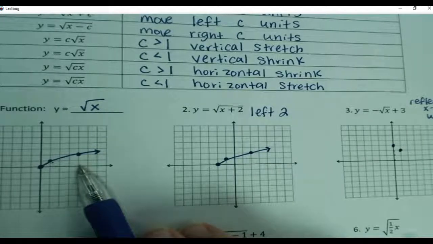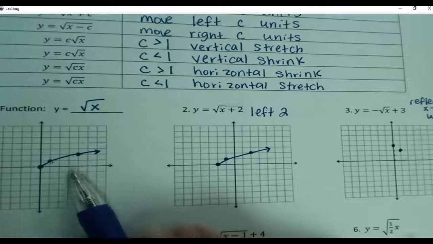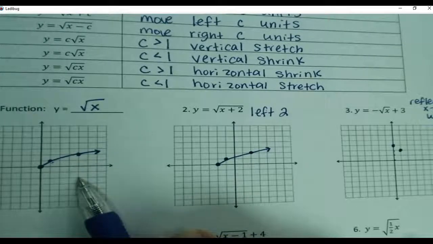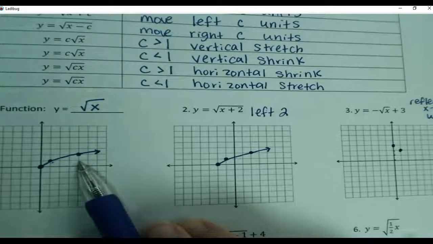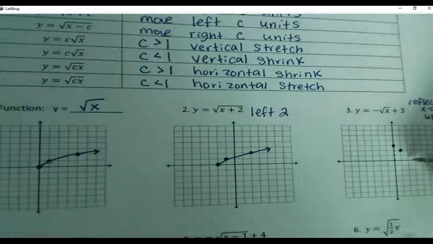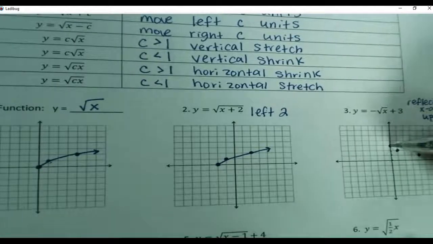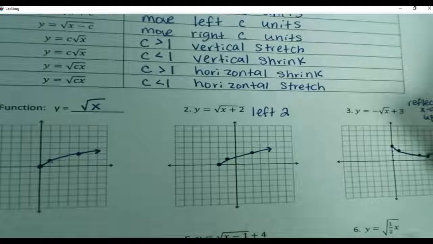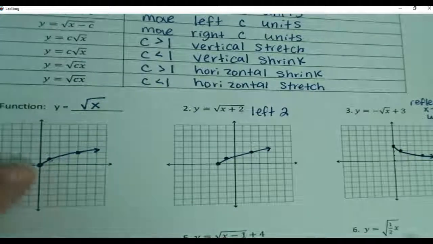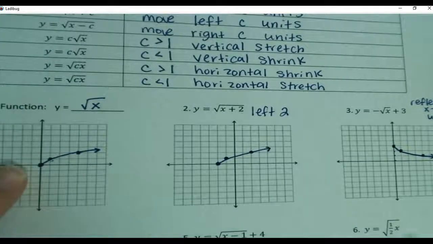So then my next point at 4, 2, if I reflect it over, I'll be at 4, negative 2. And then I go up 1, 2, 3. So I'm at 4, 1. Yes, these first three are always your original points. Those are always the ones that you're moving.